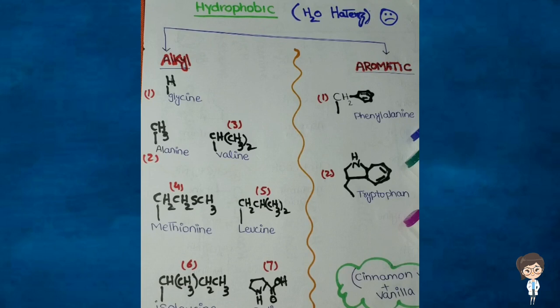So all these side chains are made up of alkyl groups except glycine, because you can see that glycine has only one hydrogen in its side chain, but because it behaves similarly to its family, it comes into this category. And whenever you see any amino acid having an alkyl group as its side group, you must say that it's non-polar and so going to be hydrophobic.